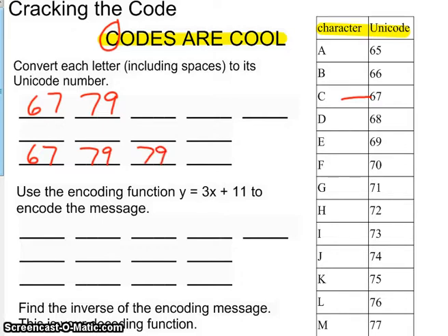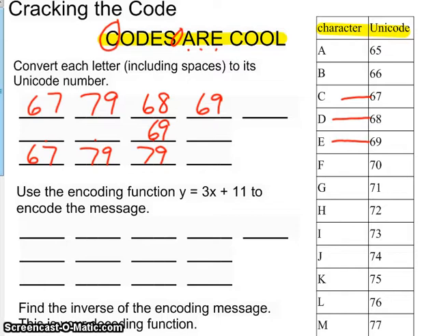D is 68. And I think that is the only D. And then E is 69. And there's another E in the 1, 2, 3 space. This is a 69.